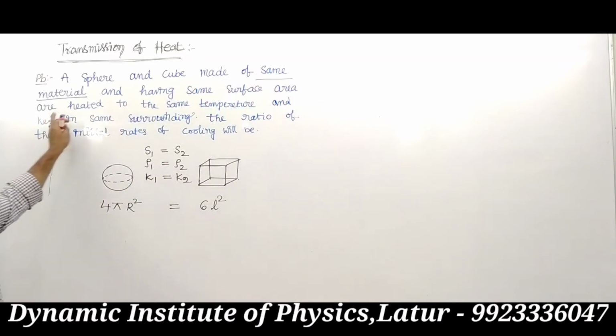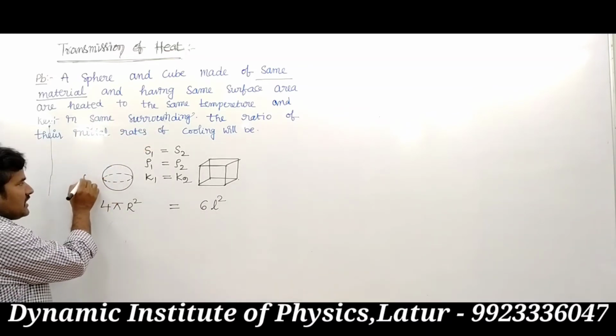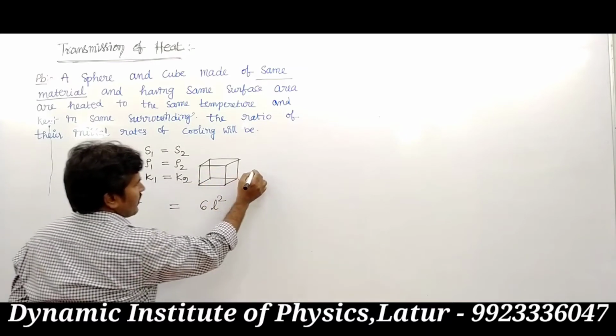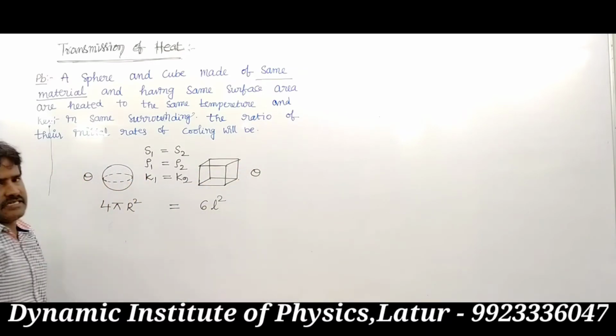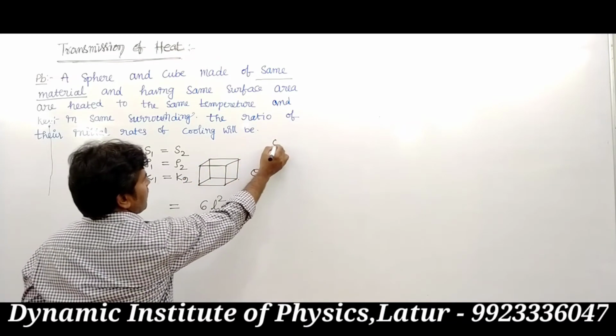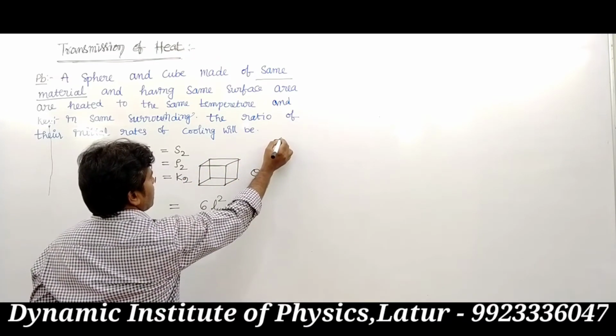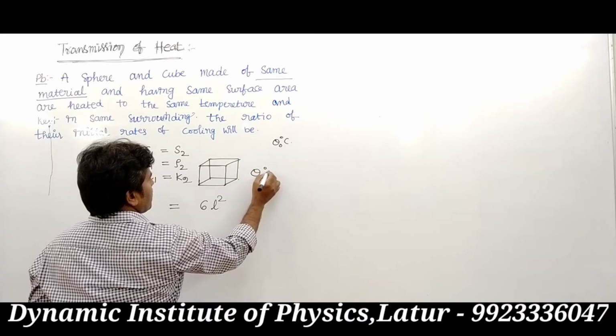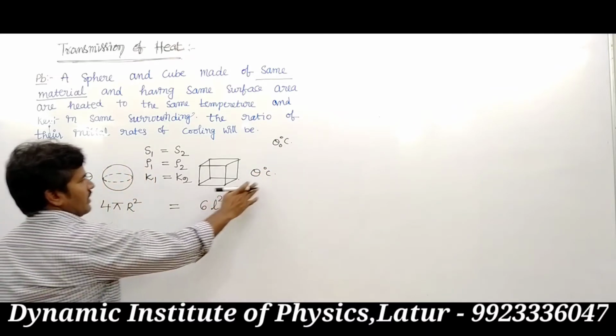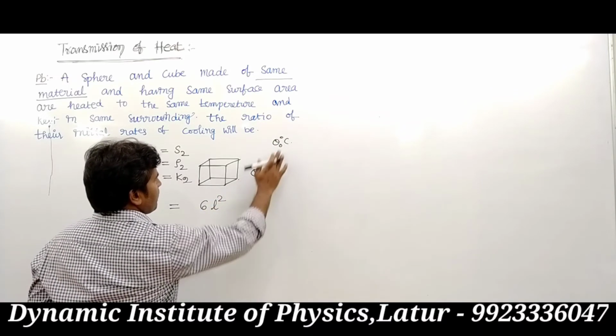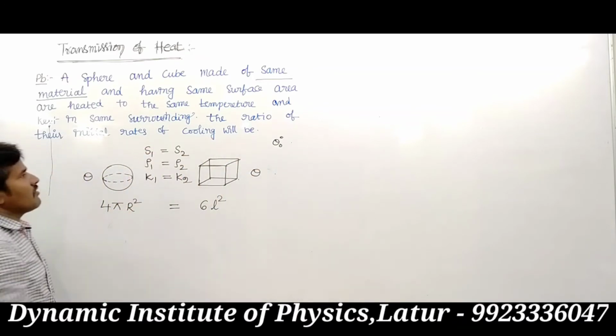Both are heated to the same temperature theta, and the surrounding temperature is theta naught. So the rising temperature is the same and the surrounding temperature is also the same.